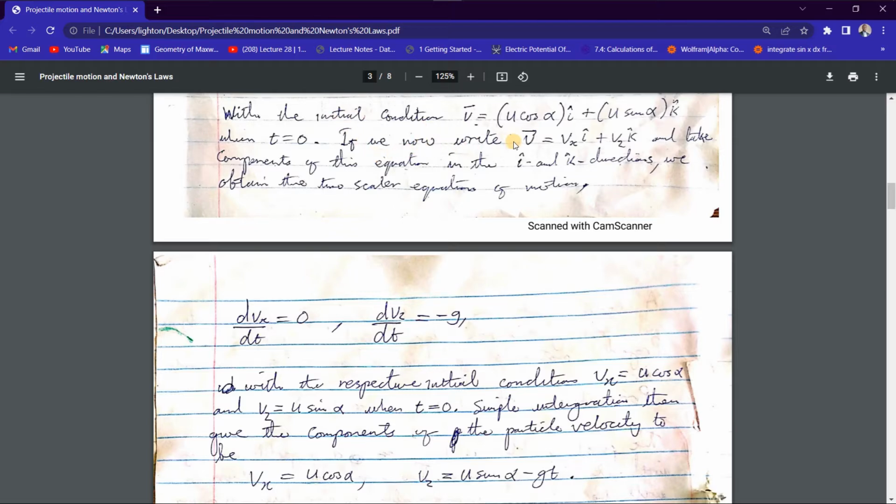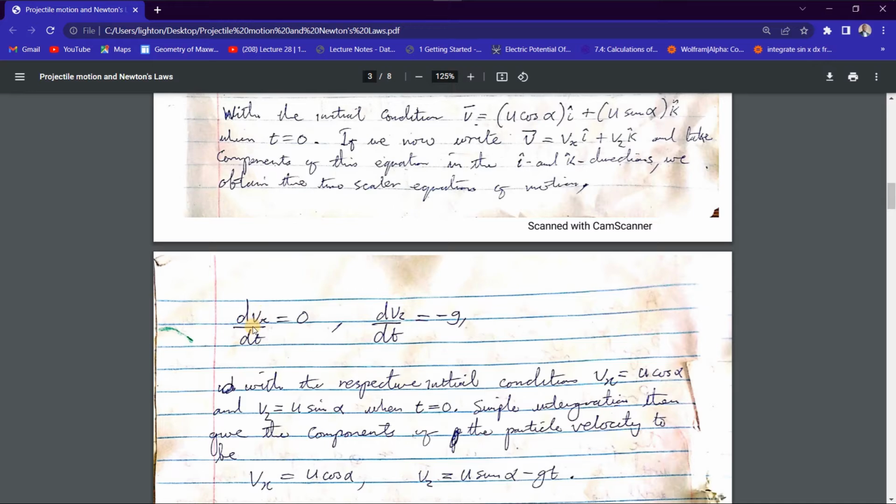If we now write v is equal to v subscript x i plus v subscript z k, as you can see here, we have this u cos alpha, which is written v subscript x, and u sin alpha, which is written v subscript z, and take components of these equations in the i and k directions. We obtain the two scalar equations of motion, dv subscript x over dt equals 0.